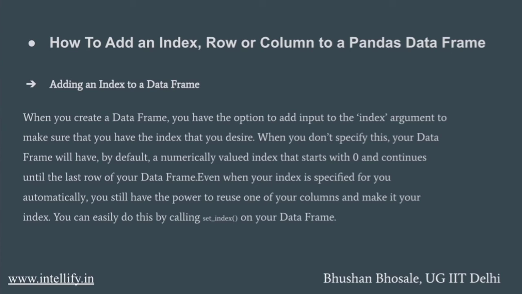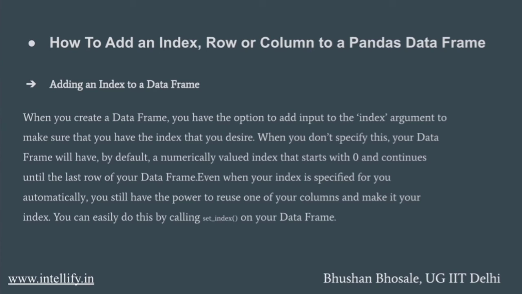When you do not specify this, your data frame will have by default a numerically valued index that starts with 0 and continues until the last row of your data frame. Even when your index is specified for you automatically, you still have the power to reuse one of your columns and make it your index. You can easily do this by calling set_index on your data frame.